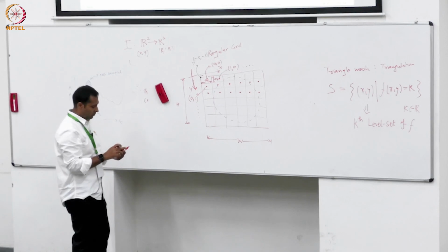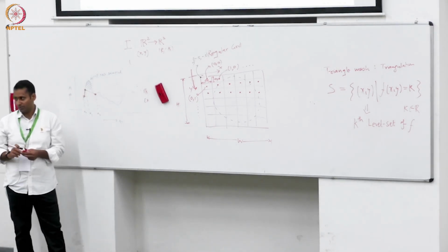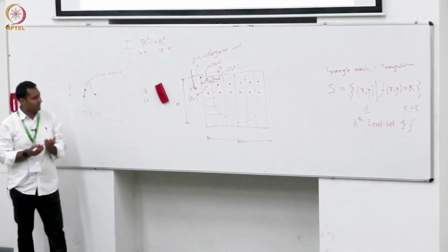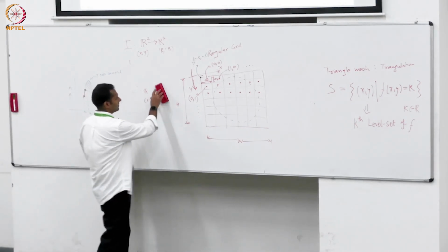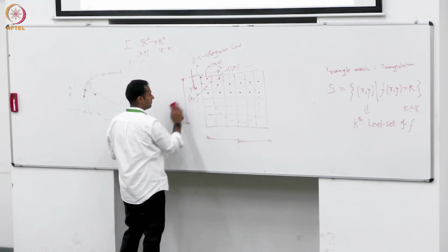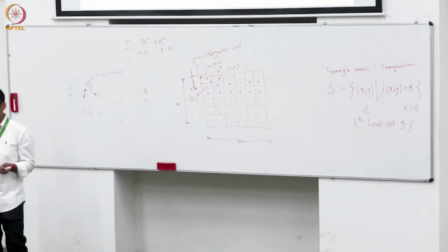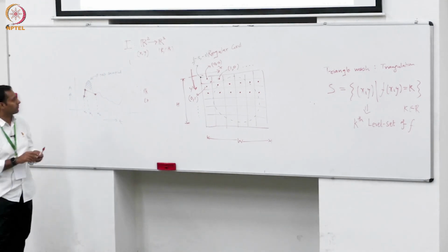Right, good. That's assuming that delta x equals 1 and delta y equals 1. For now that's fine. Let me erase this delta x here; it is understood that it is 1 unit. But you know the drill: if it is not 1 unit, you have to multiply with the size of the pixel.